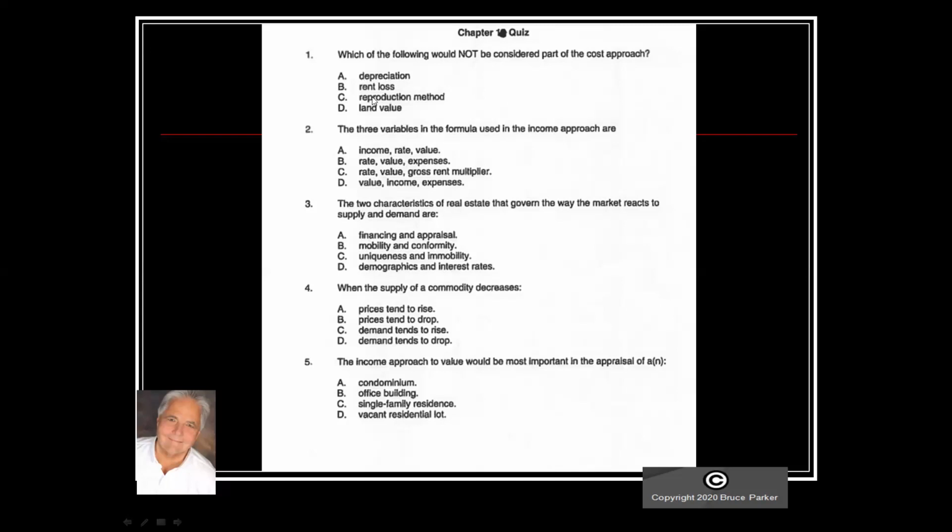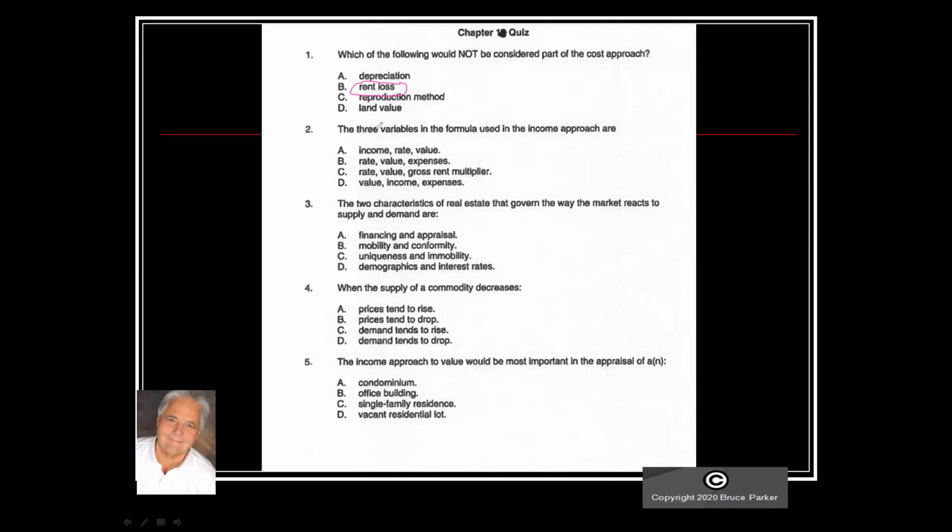We have to decide whether we want reproduction or replacement. So reproduction is. Land value is the last step. We have to add back in the land value. So in the cost approach, we do not use rent loss. We do use rent loss in the value by income, but not in the cost approach.